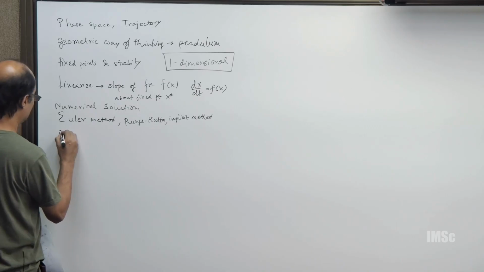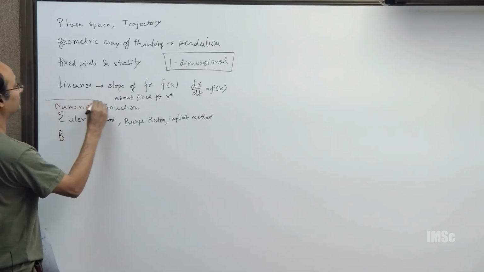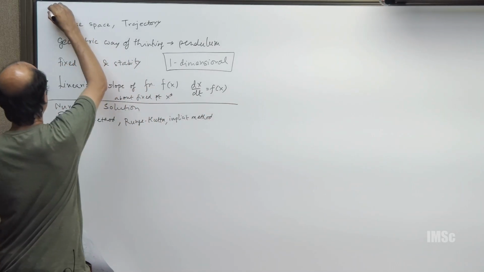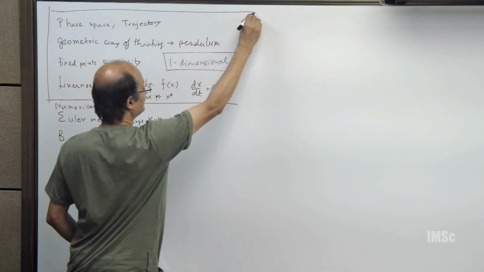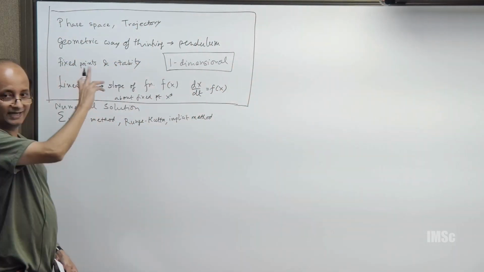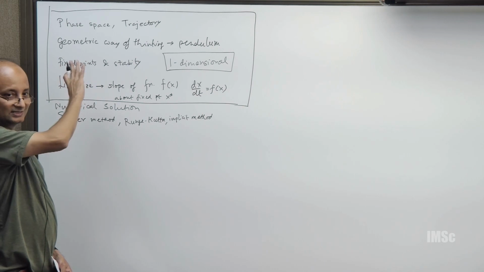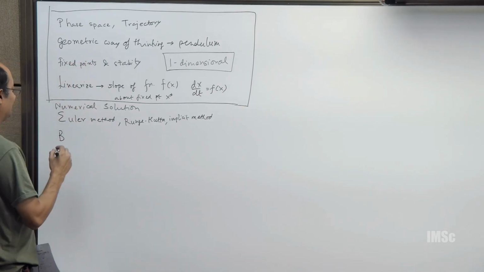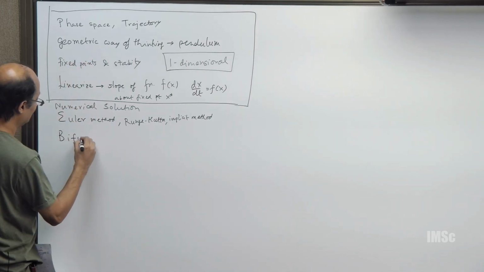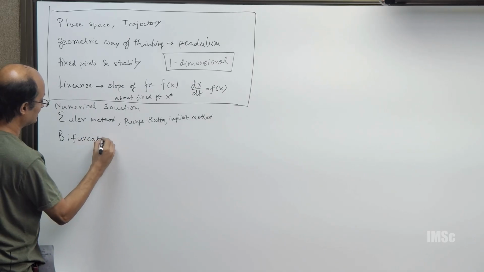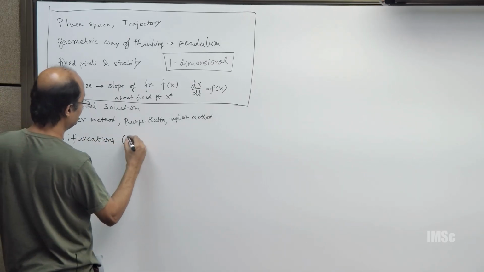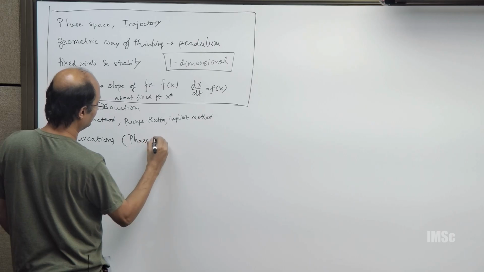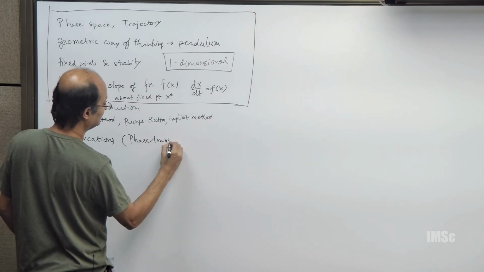Oh yeah, so this is what we are going to do. So this was what has already been done. So if you have any questions about this, you should ask me now. Then we will work with bifurcations. So this, as I said, is the very close analog of phase transition.